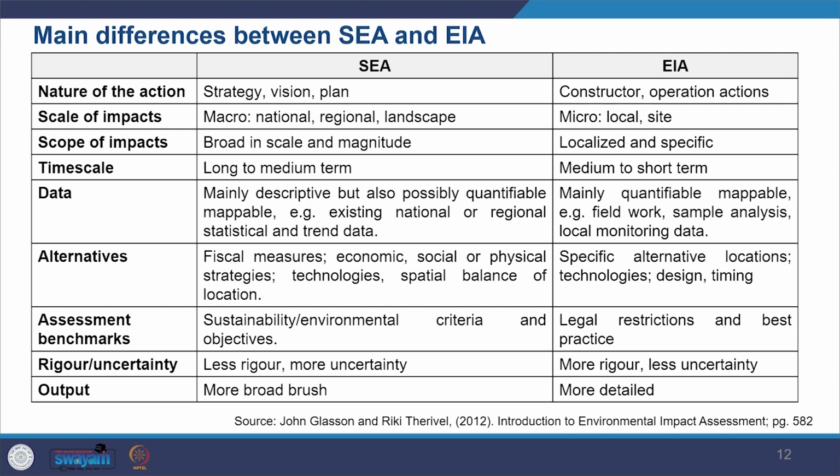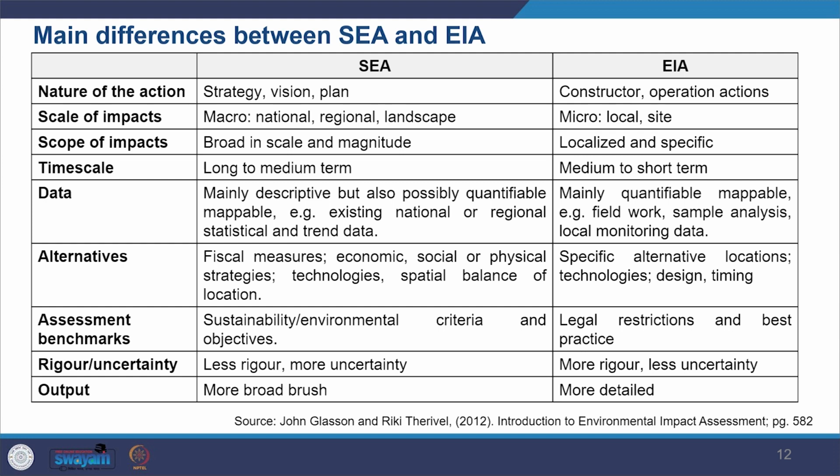And then considering the time scale, in SEA it has long to medium term, whereas EIA is medium to short term. And if you look at the data requirement for SEA and EIA, SEA would be descriptive but possibly quantifiable, and you would be using a lot of maps at the national or regional statistical or trend data.